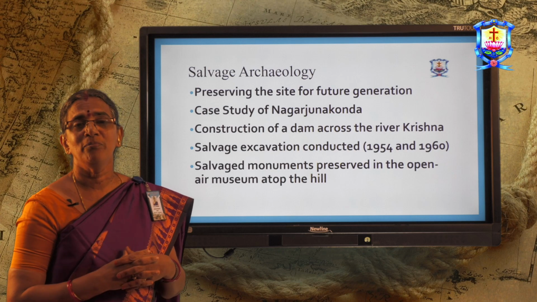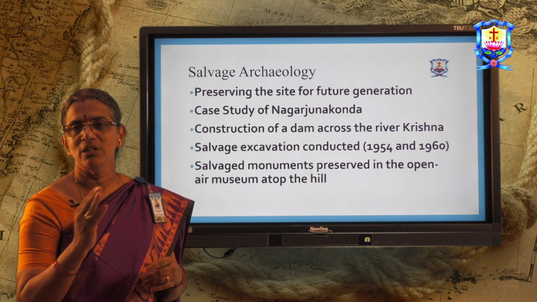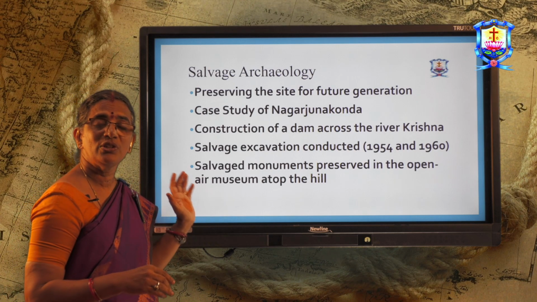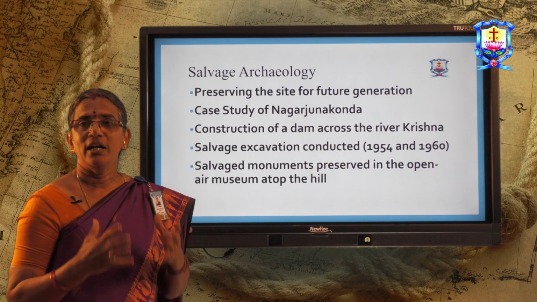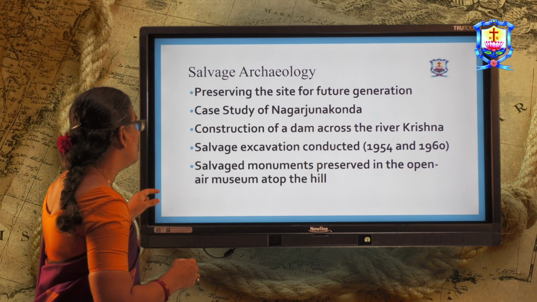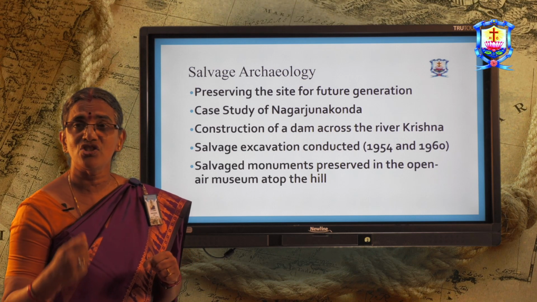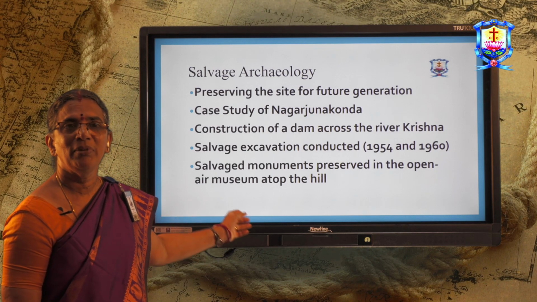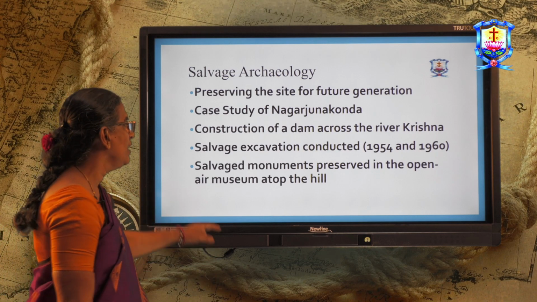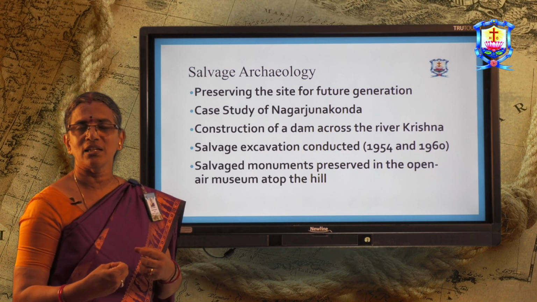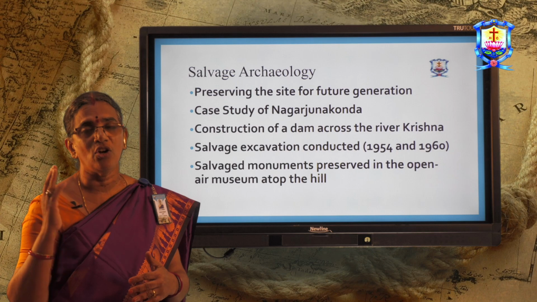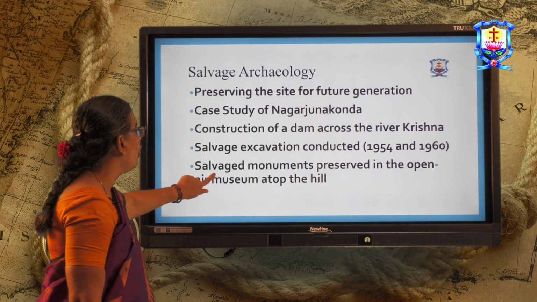The Buddhist monuments were built by the Ikshvakus, who lived around the 2nd, 3rd century CE. So that site got submerged, and the government of India decided to preserve the site as much as possible and go for salvage archaeological excavation between 1954 and 1960. Whatever they could get from the excavation, they placed on top of the hill and created an open air museum.